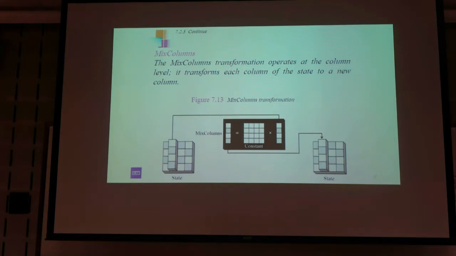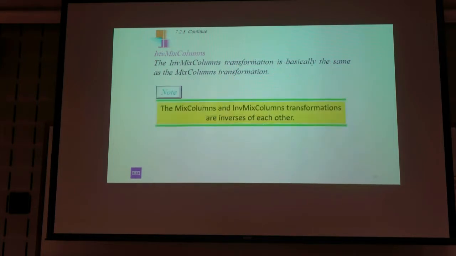So now we're mixing the columns: multiply with a matrix and we have a completely different value. The mix columns transformation operates at the column level. It transforms each column of the state to a new column. And actually the mixing is down to the bit level.